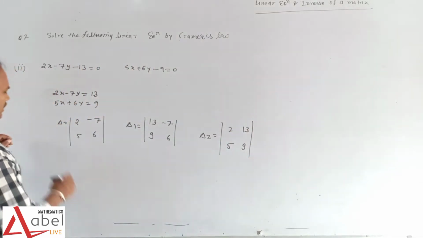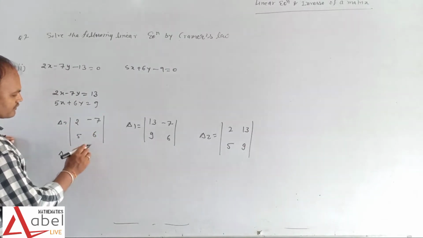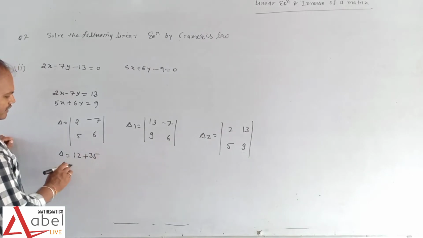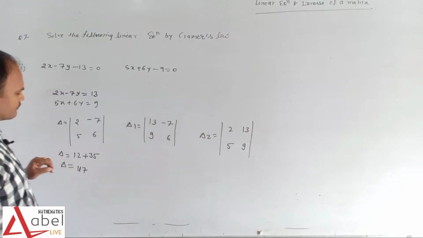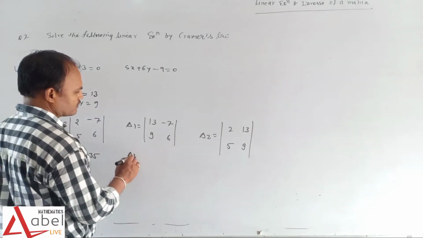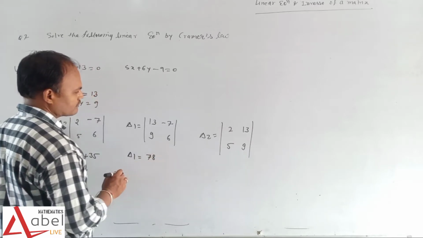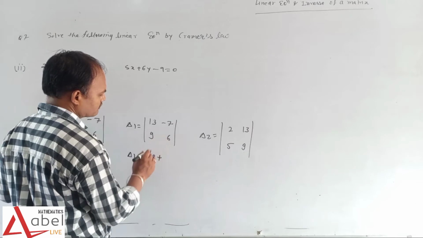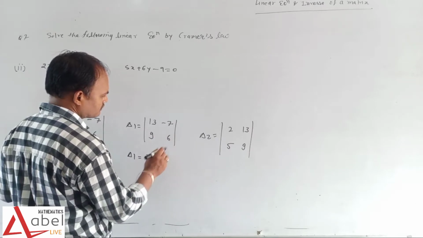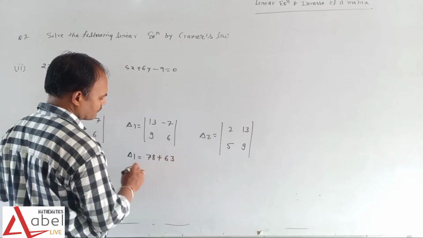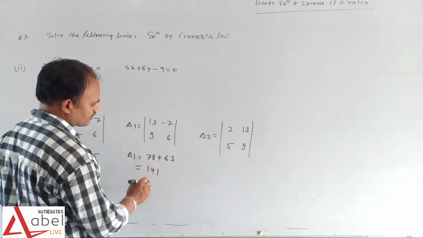So delta equals 12 plus 35, so delta equals 47. What about delta 1? Delta 1 equals 78 plus 63, so it is 141.